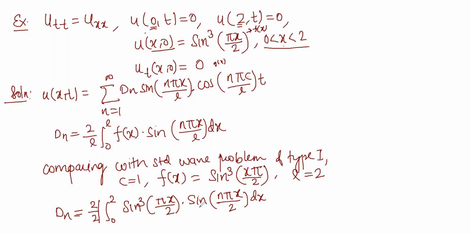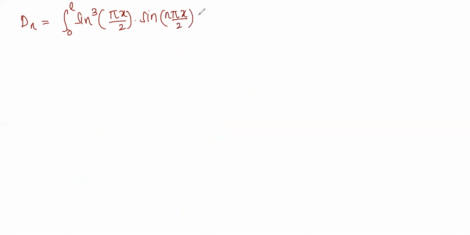So let me consider this on a new page. d_n will be equal to integral 0 to L of sine cube pi x by 2 times sine n pi x by 2, then dx.